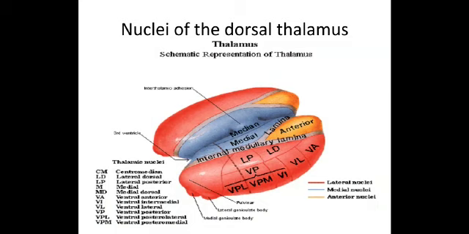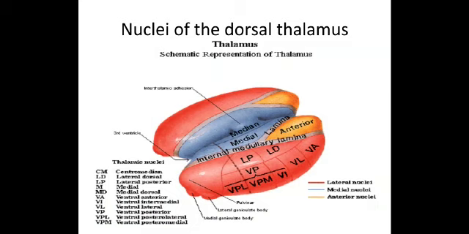It's a sheet of white matter. How it divides, we have different nuclei: the lateral nuclei, the medial nuclei, and the anterior nuclei.